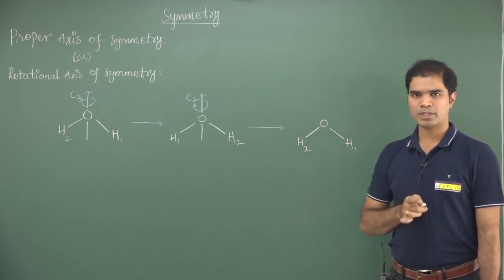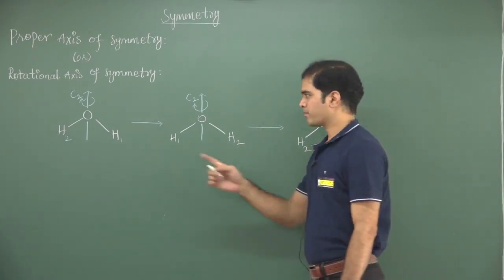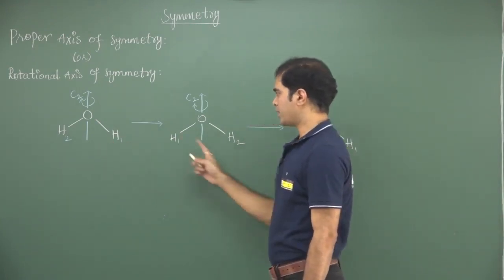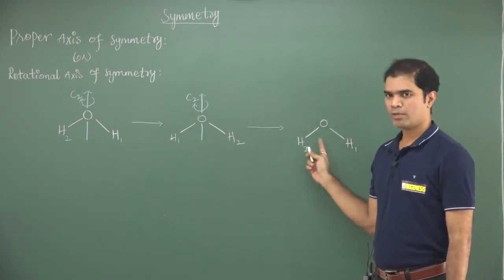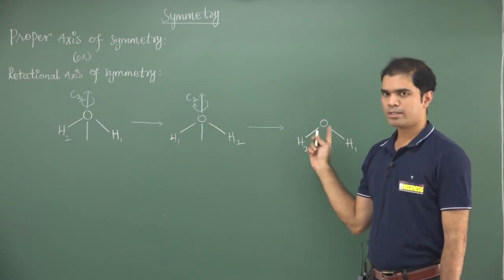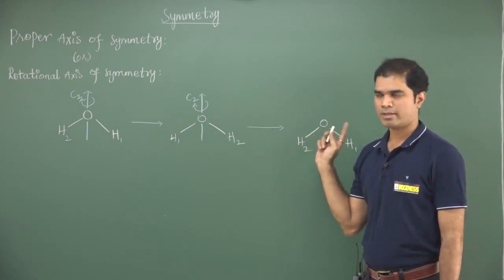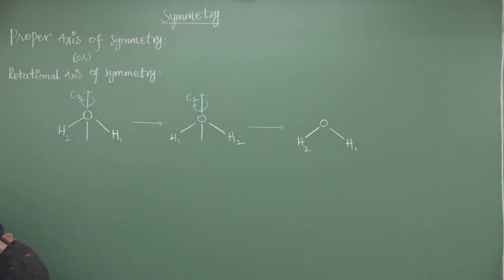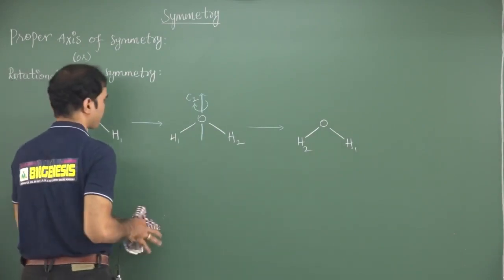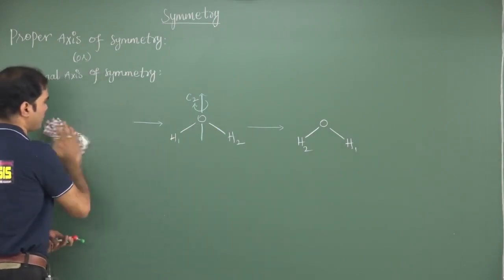Any other combination would be an equivalent pair. If I consider these as structures 1, 2 and 3, 1 and 2 are an equivalent pair, 2 and 3 are an equivalent pair, but the first and last is always an identical pair. This is what we have learnt in the last video of rotational axis.